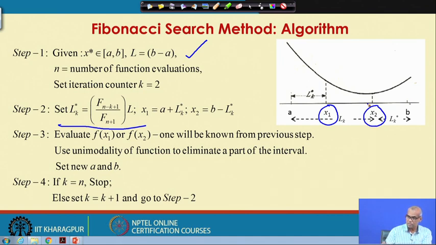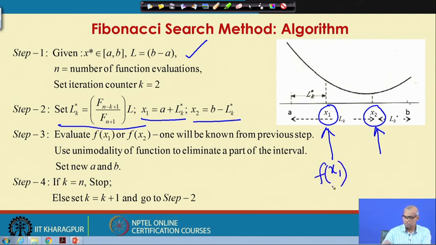So, x1 is a plus Lk star and x2 is b minus Lk star. Now, evaluate the function at x1 and at x2, make use of the unimodality property of the function, and we will be able to eliminate either a x1 or x2 b.